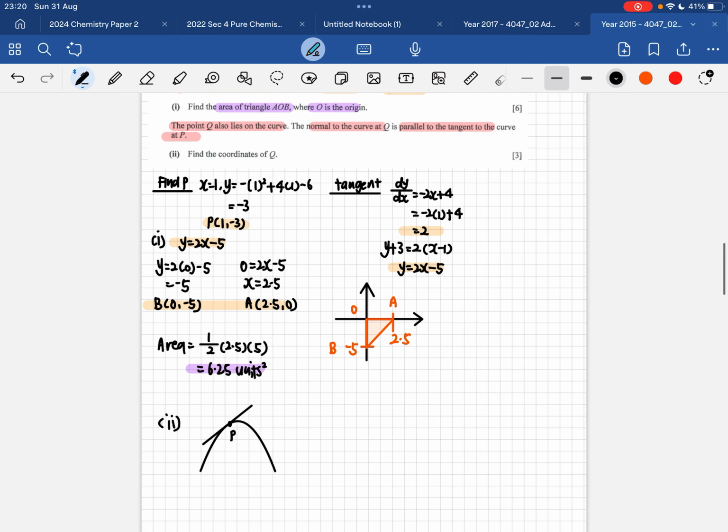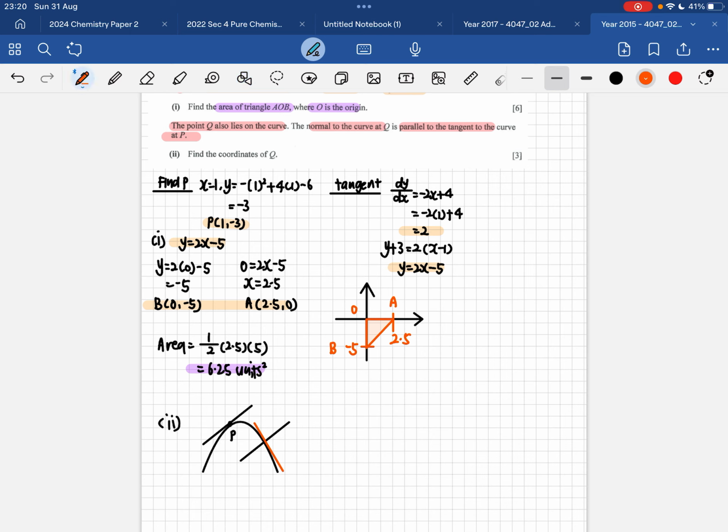They say that the normal to the curve is parallel to the tangent. So let's say I copy and paste here. This one will be the normal now. If this one is the normal, that means this orange line is the tangent.